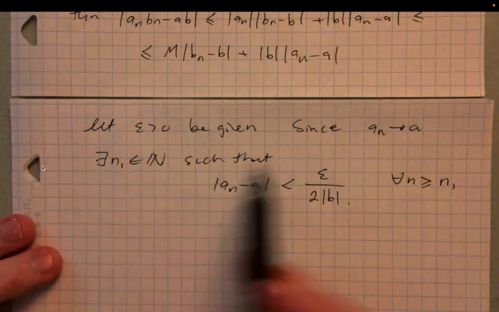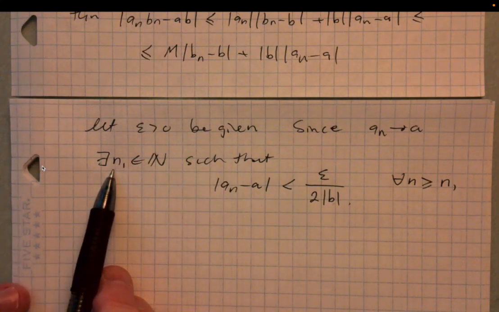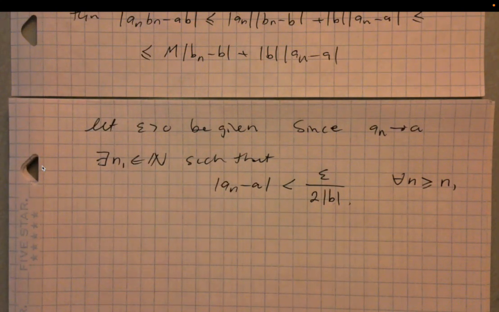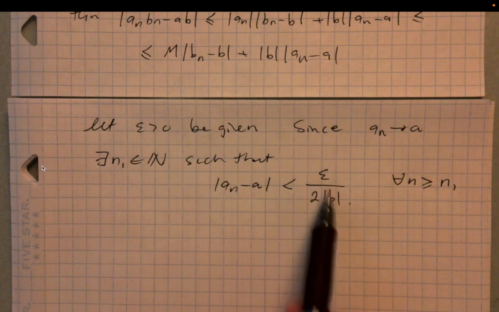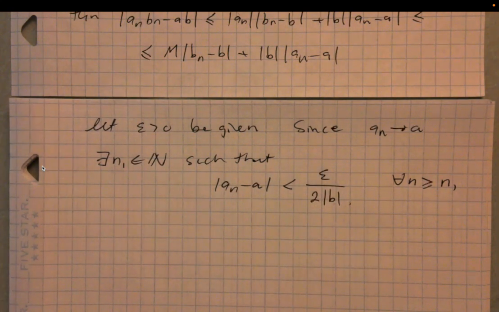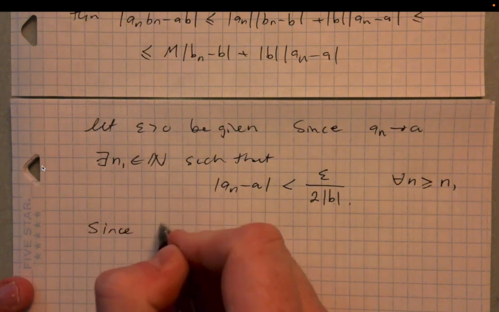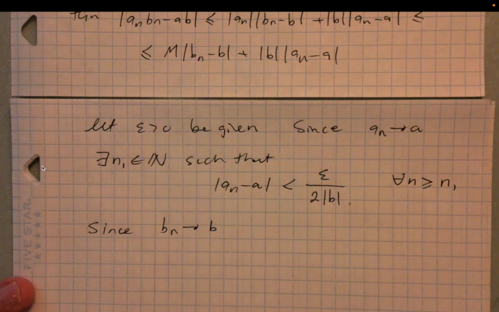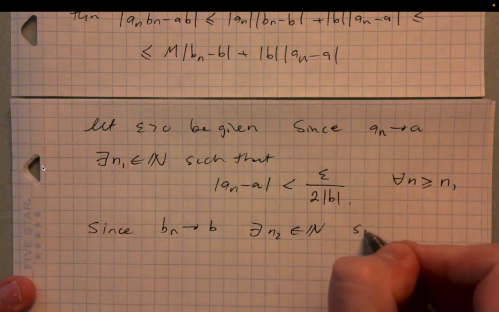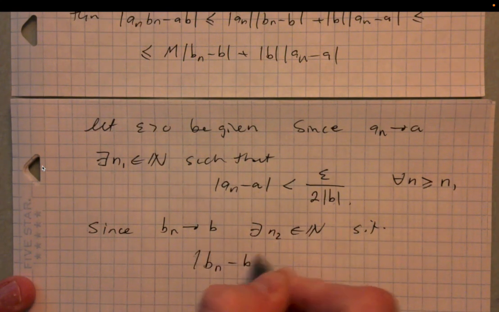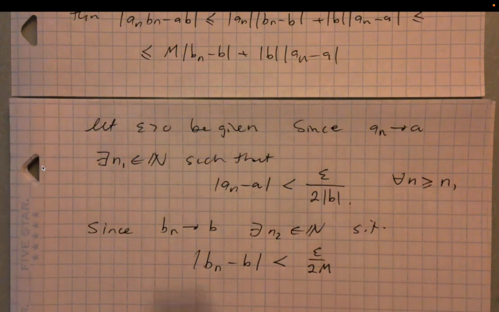Okay, so since a sub n converges to a, there exists some natural number such that once I'm past that in the sequence, the distance between the terms beyond n1 and the limit point is less than whatever this expression is. And the same thing is true of the b sub n sequence as well. So since b sub n approaches b, there's going to exist n2 natural number such that b sub n minus b is less than epsilon over 2, and here I'm going to toss in the m.